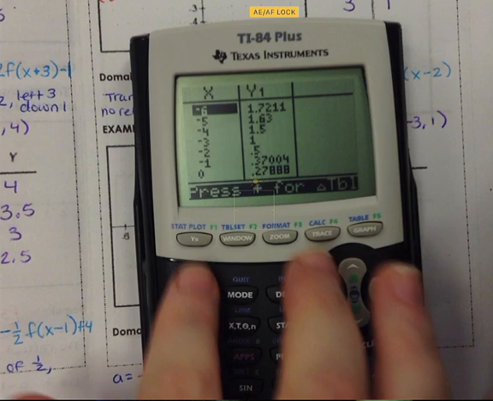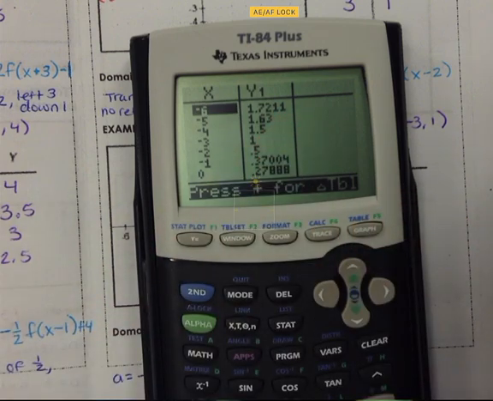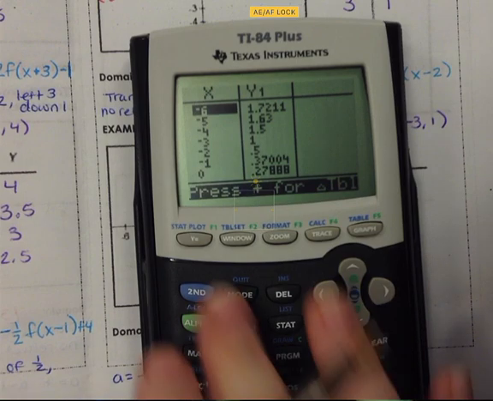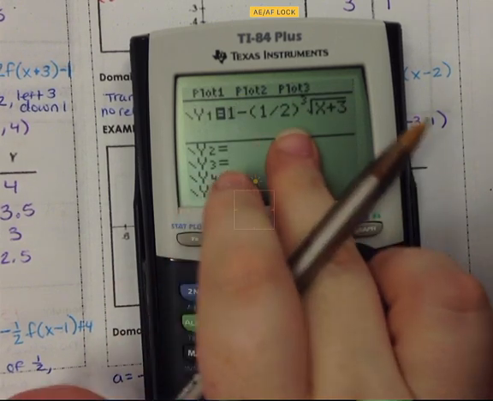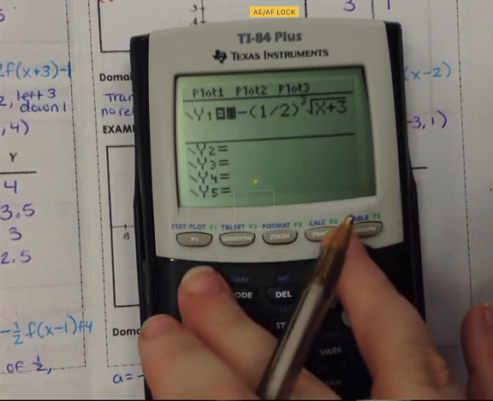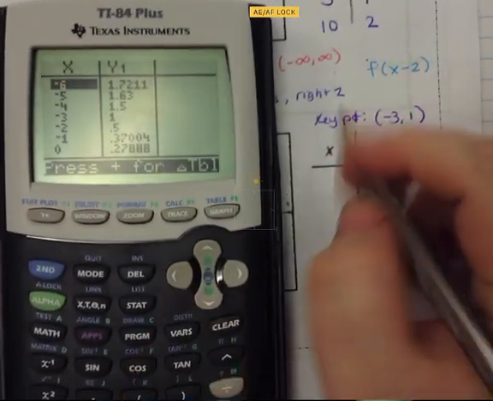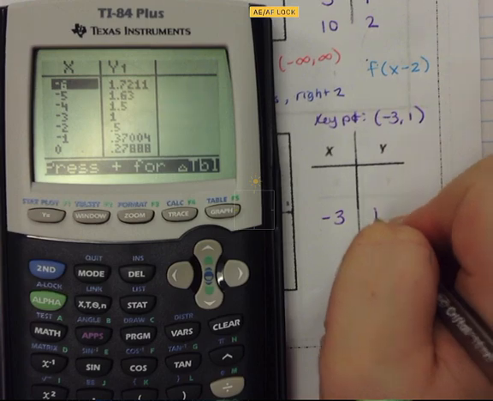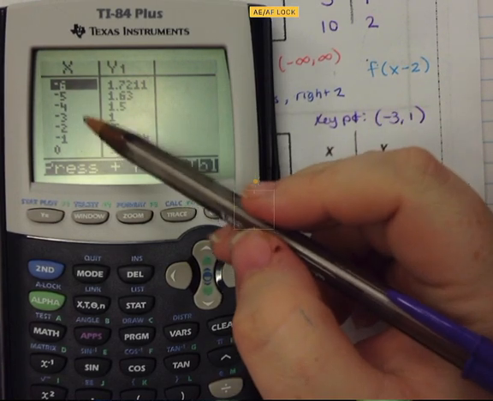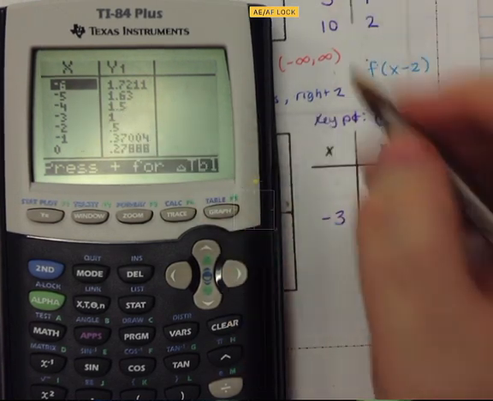So if I did the alpha y equals, it gives me fractions in my y's as well. So if you don't want the fractions, you can actually put it with the parentheses instead. That's how you would put it into your old calculator as well. So that -3, 1 is the coordinate that we want in the middle of our table. And then right above it, we want that -4 and 1.5.